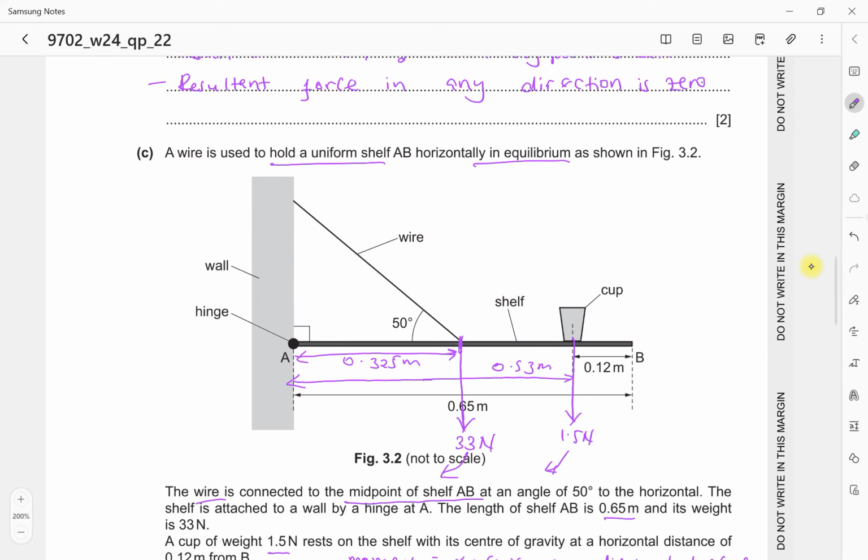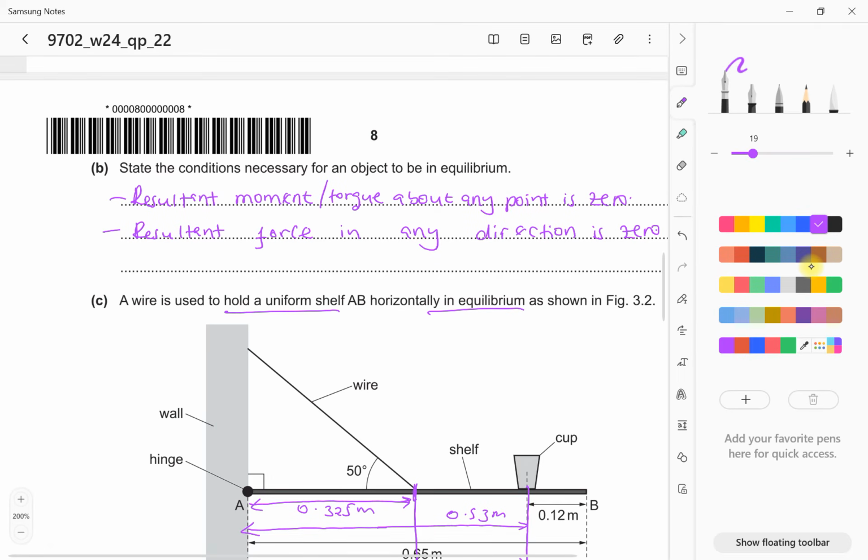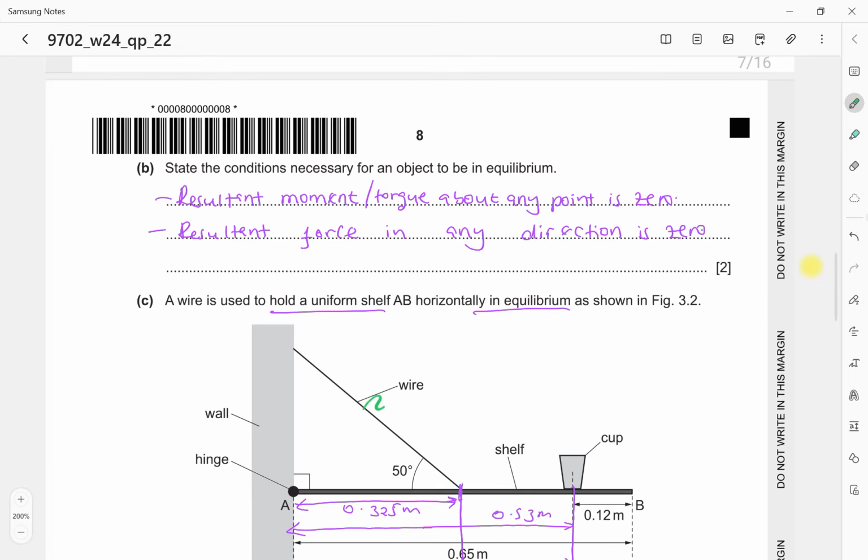So for the anticlockwise moments, I'm going to resolve the tension. Of course, there is tension here. When I resolve the tension, it will point upwards. Resolving tension in the vertical, it will be T sine of 50.